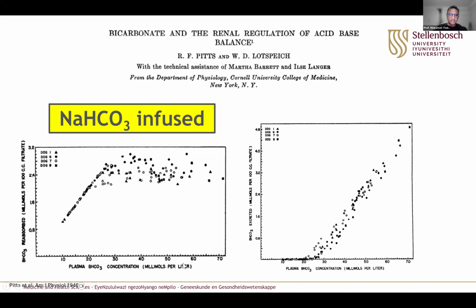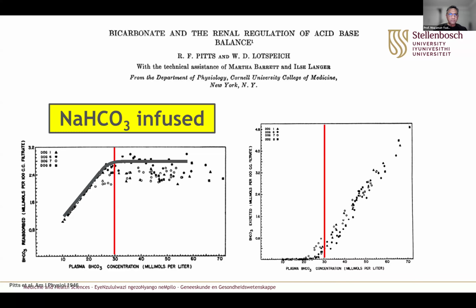The horizontal axis here indicates the plasma bicarbonate concentration, and the y-axis represents bicarbonate reabsorbed by the kidneys. What they found was that there seemed to be a renal threshold for bicarbonate reabsorption at around 30 millimoles per liter.